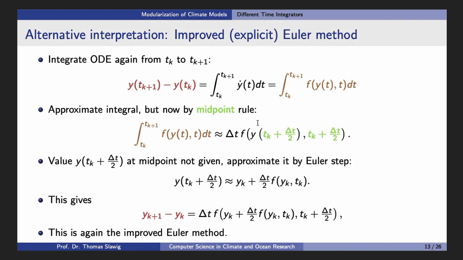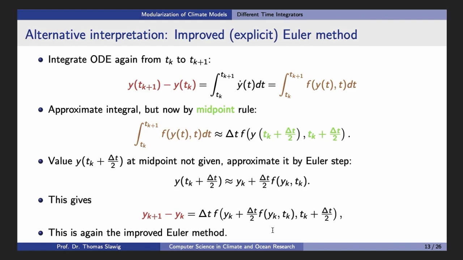And from numerical integration in numerical mathematics, it's known that this is a better approximation. But since the value y(tk plus delta t half) is not given, this is what I called on the last slides yk plus 1 half, we have to approximate it. And we can approximate it by an Euler step. So we approximate this y(tk plus delta t half) by performing an Euler step with half of the step size. And again, we obtain the improved Euler method.